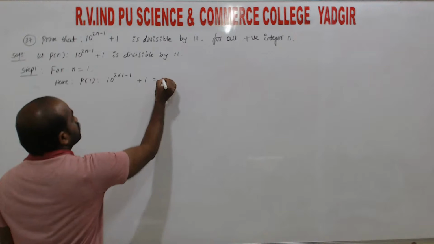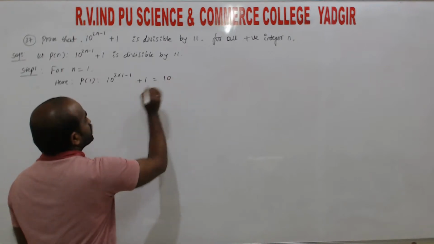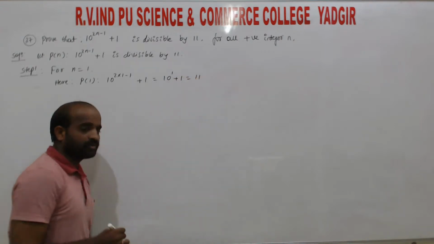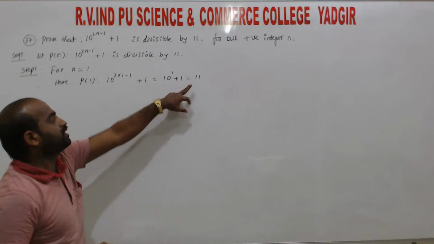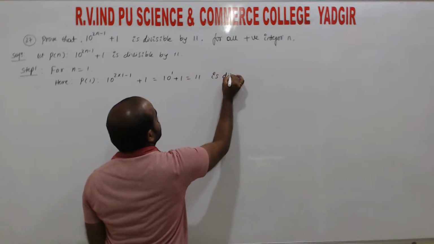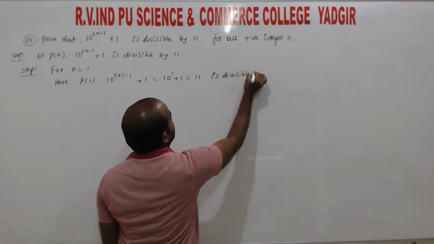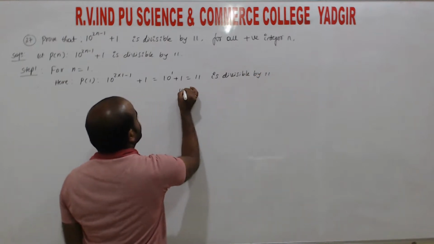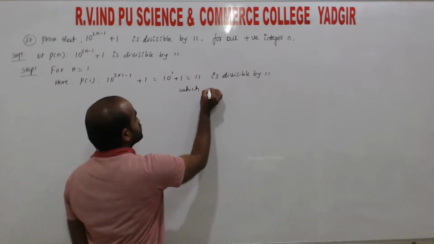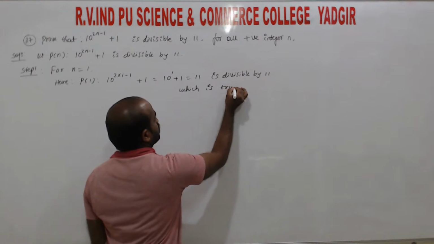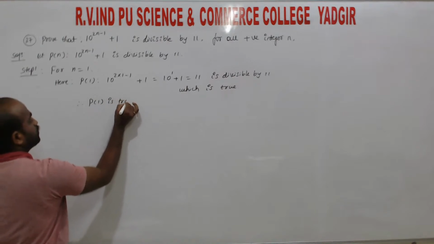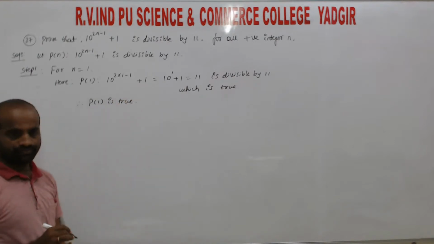That equals 10 to the power 1 plus 1, which is 10 plus 1 equal to 11. 11 is divisible by 11, which is true. Therefore, P of 1 is true.